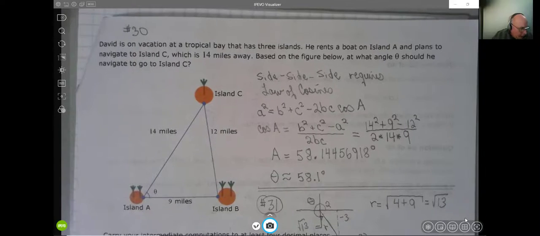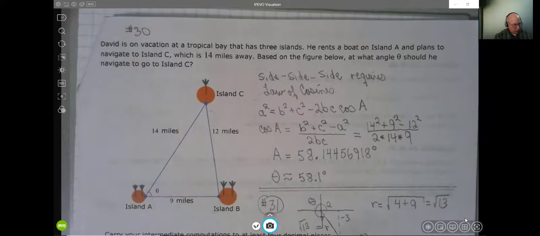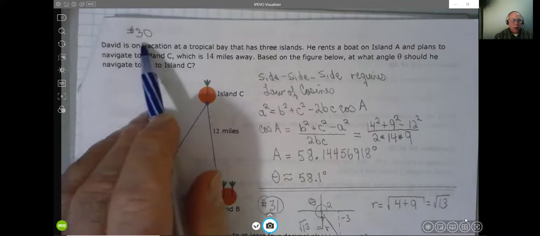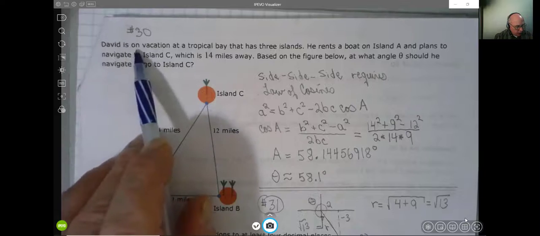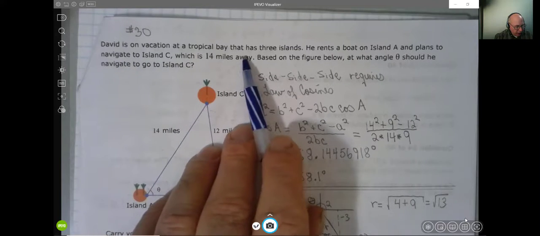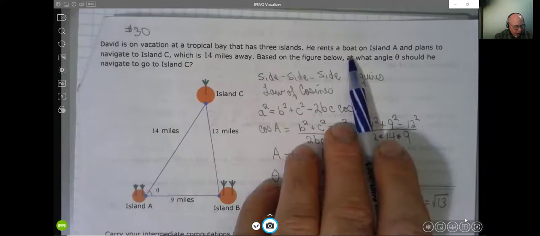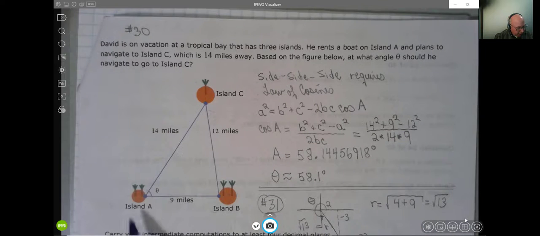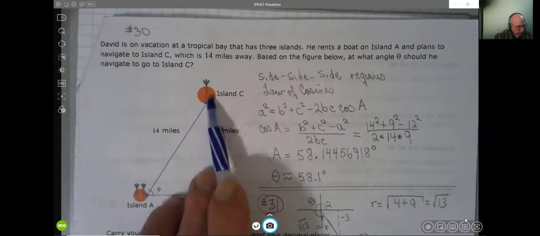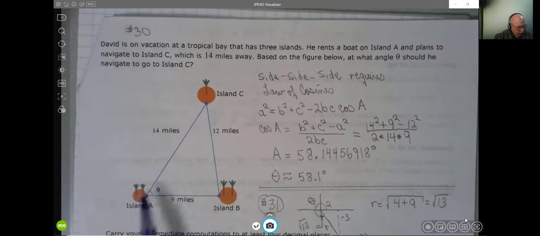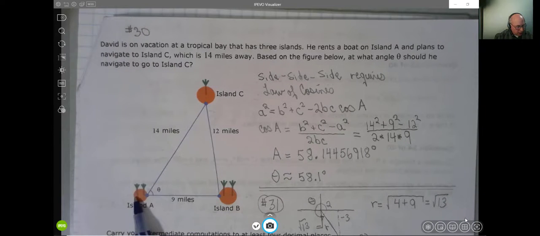Okay, last problem for this part 3 of the final exam review is problem number 30. David is on vacation at a tropical bay that has 3 islands. He rents a boat on island A and plans to navigate to island C, which is 14 miles away. So we know that distance there.